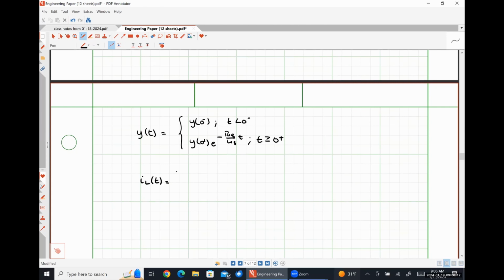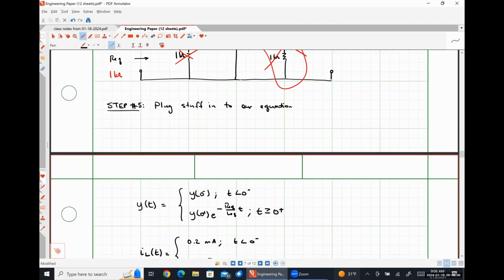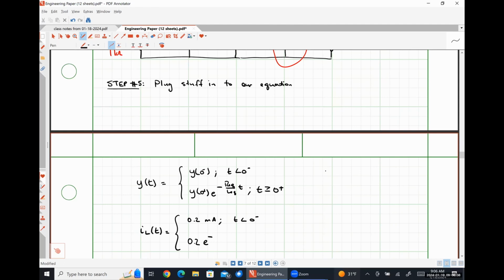Using this generic equation, our inductor current is going to be, so what was our inductor current at t equals 0 minus? If I'm not mistaken, it was 0.2 milliamps. So this will be what it is for t less than 0 minus, and then it'll be 0.2 e to the negative, so let's see, REQ was 1 kilo ohm.